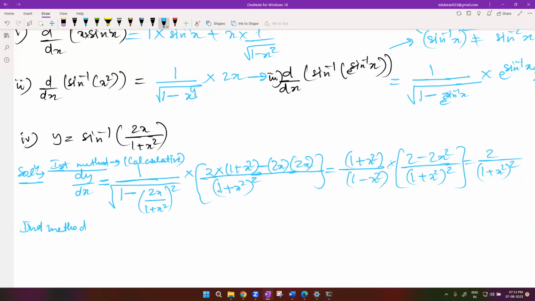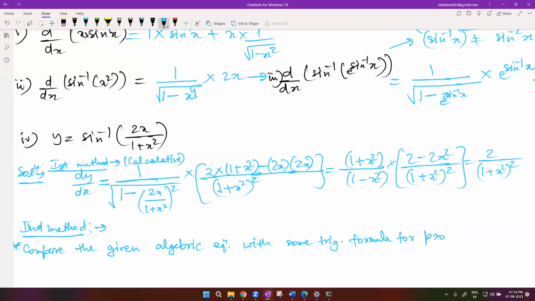Let's understand how to apply this. So the first point is to compare the given algebraic expression with some trigonometric formula for proper substitution.